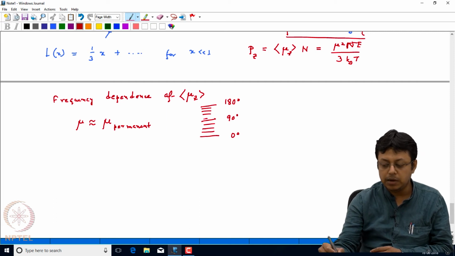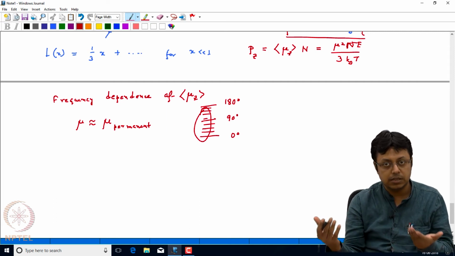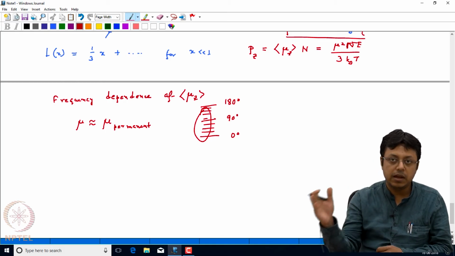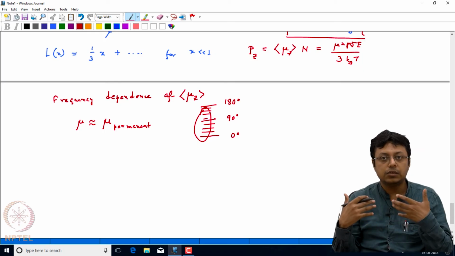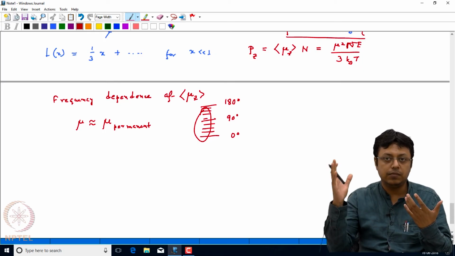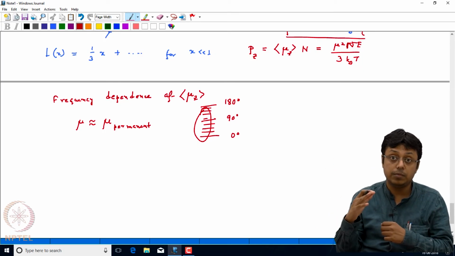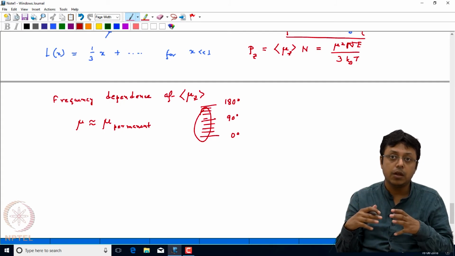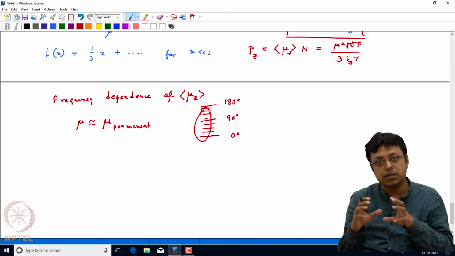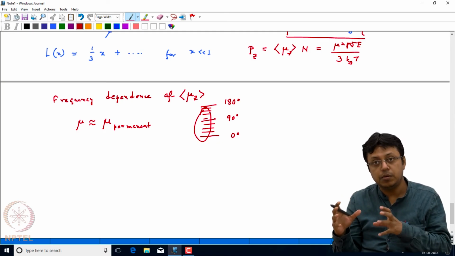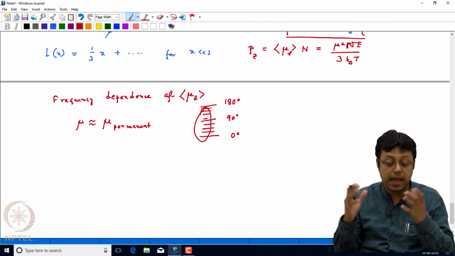They populate all these states according to the Boltzmann distribution defined for a particular temperature, which we had calculated. Since different states have different z components of the dipole moment, we can calculate the overall macroscopic dipole moment, which is a macroscopic average of all these tiny little electric dipoles oriented at different angles.